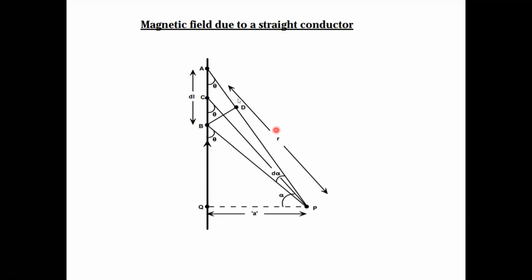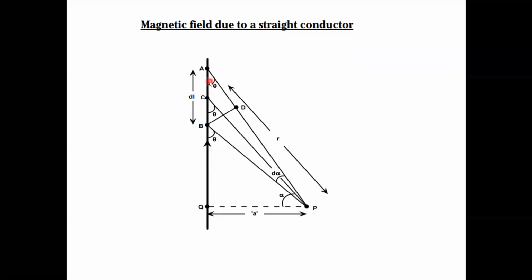So around the conductor, we take a point P, which is at a distance a from point Q.